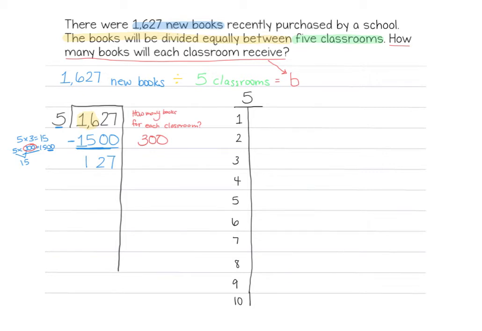So now we've looked and we've sorted the hundreds. We have 100. We can't divide it equally into 5 classrooms. So instead we say, okay, I'm going to regroup this 100 into tens. 100 is 10 tens. So there are 12 tens here. Now we're looking at 12 tens.